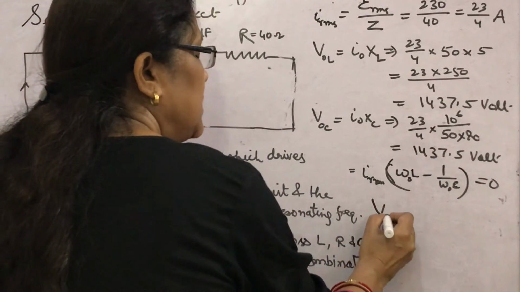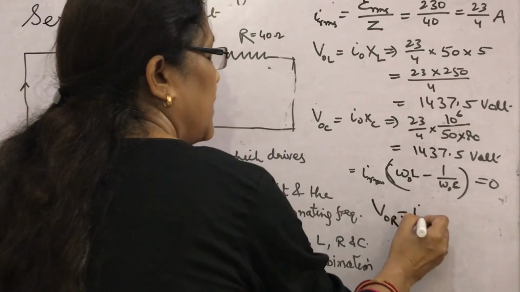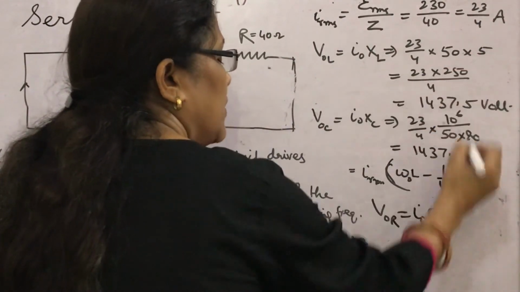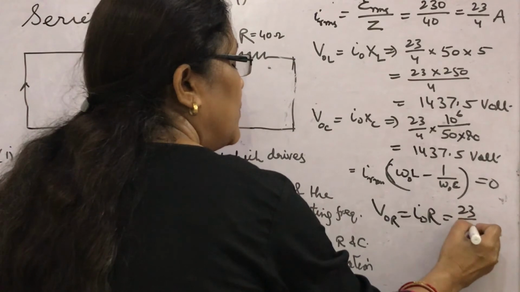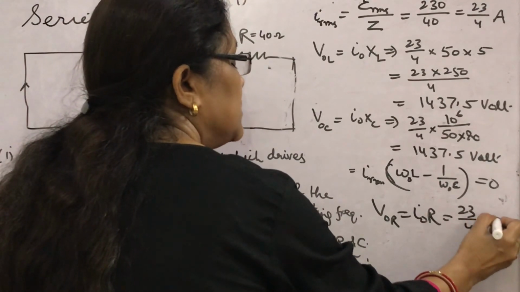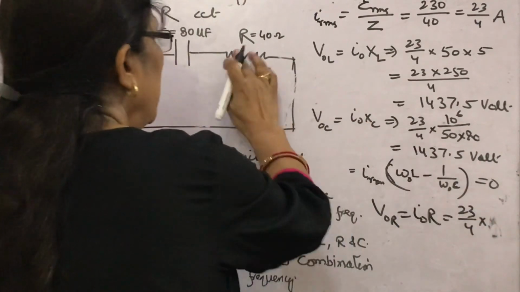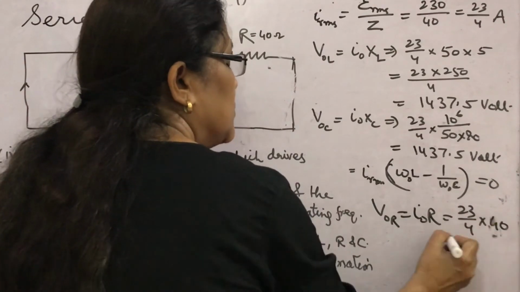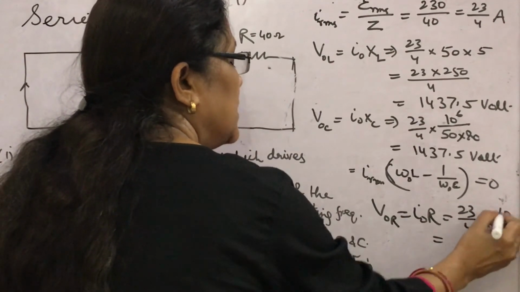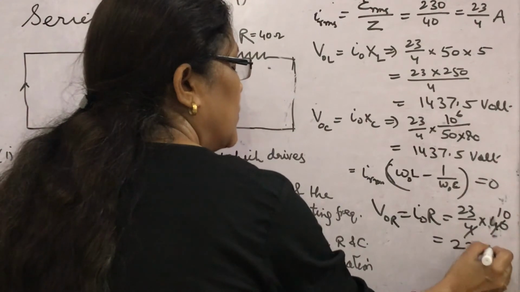What is the voltage across resistance? It is I naught into R. What is I naught? 23 upon 4 into R, which is given as 40. So it is 230 volt.